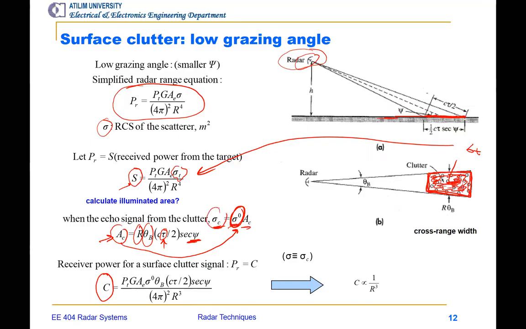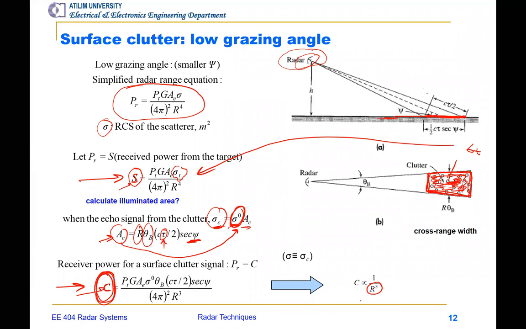And once we determine sigma c, then we can write the received power due to clutter, and it's denoted by C. So we got signal power right here and clutter power right here. So when we inspect this clutter power, we see that it's inversely proportional to the distance cubed.